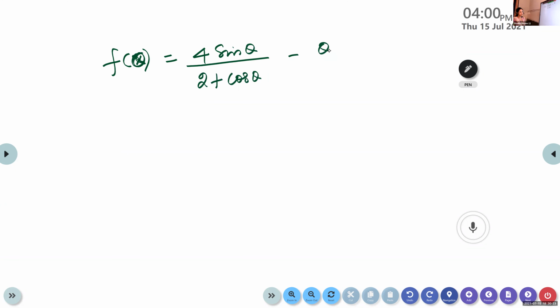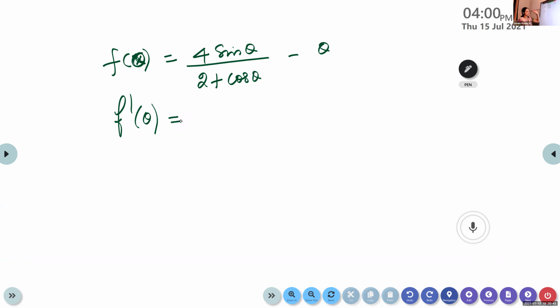All of you listen, children. You can write afterwards. First listen. This is a different question and at the same time an important question. If you do it again and again, you will become thorough with this method. So here f of theta is given. I'm going to find out the first order derivative, f dash of theta.